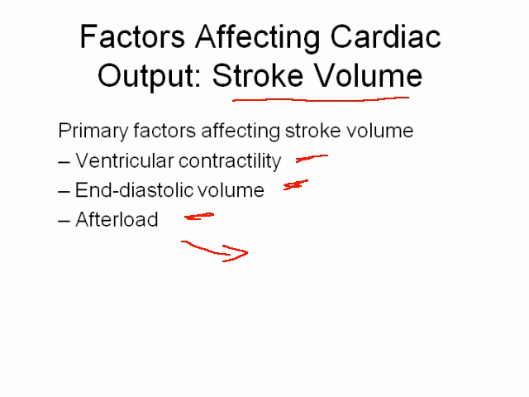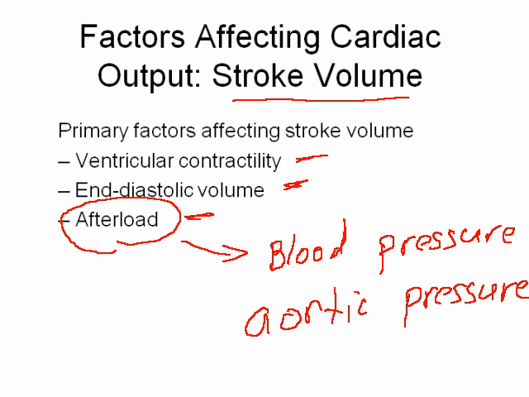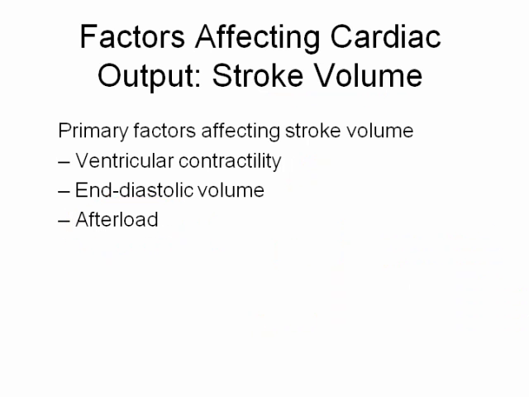Afterload is related to blood pressure, specifically the pressure within the aorta. Remember, blood doesn't start leaving the ventricle until the ventricular pressure starts to exceed the aortic pressure. And that's the idea of afterload.